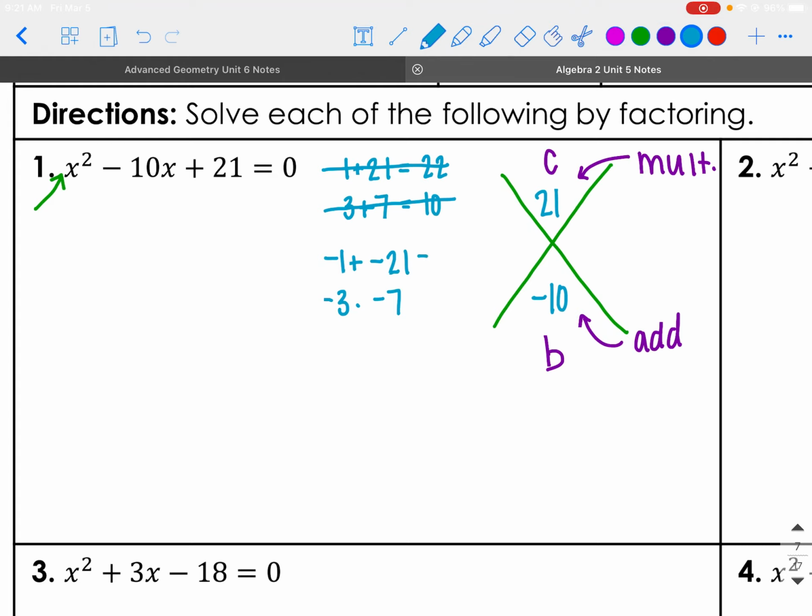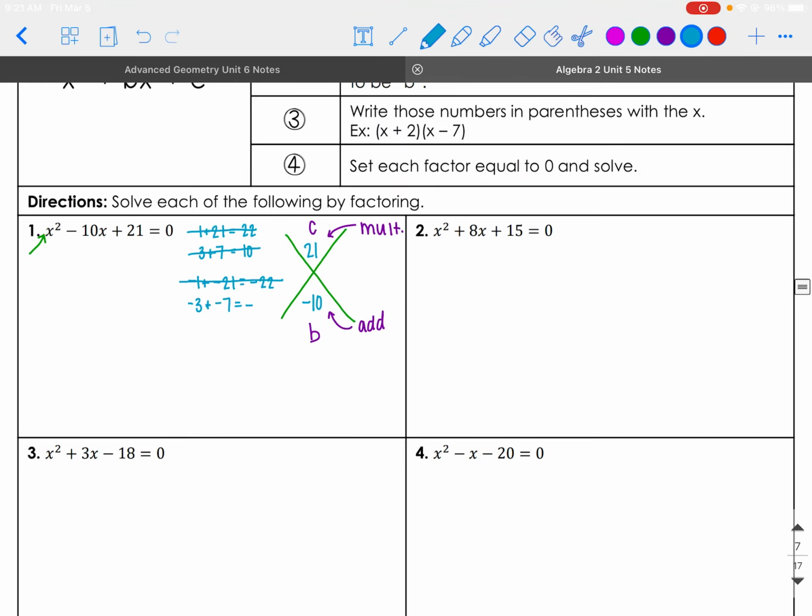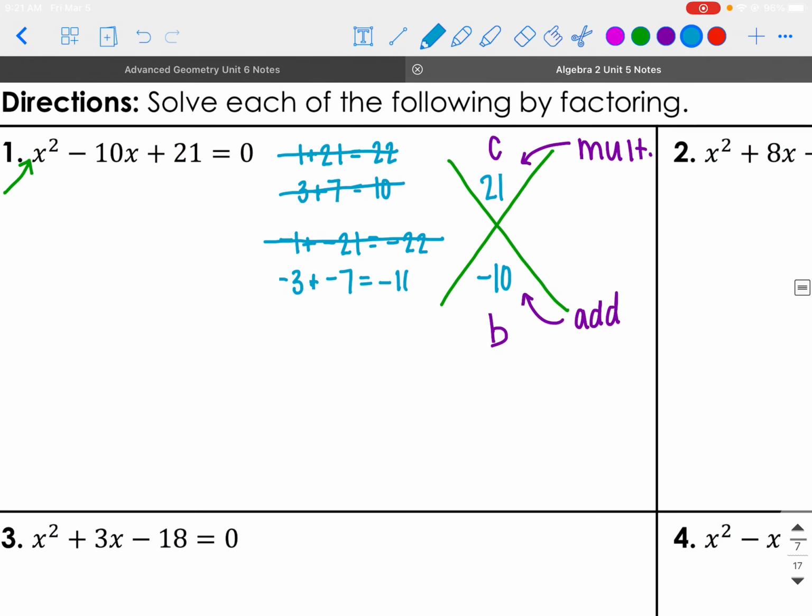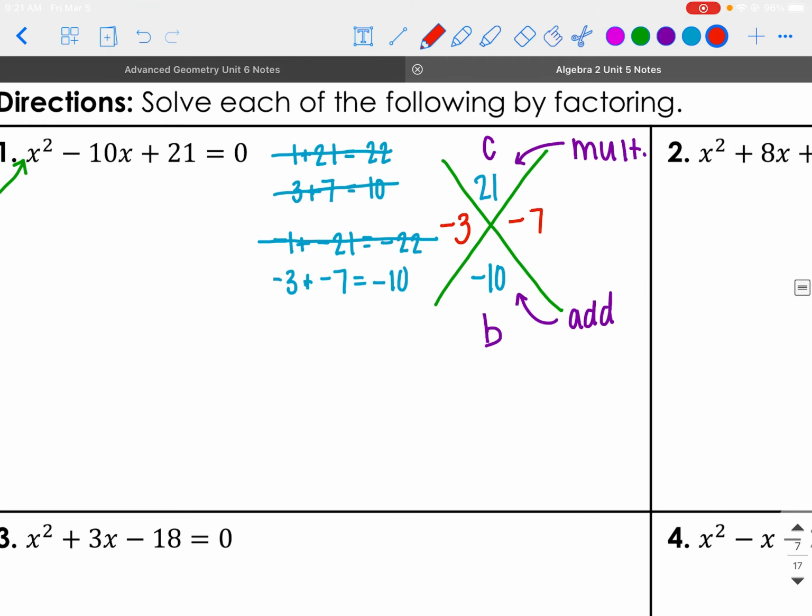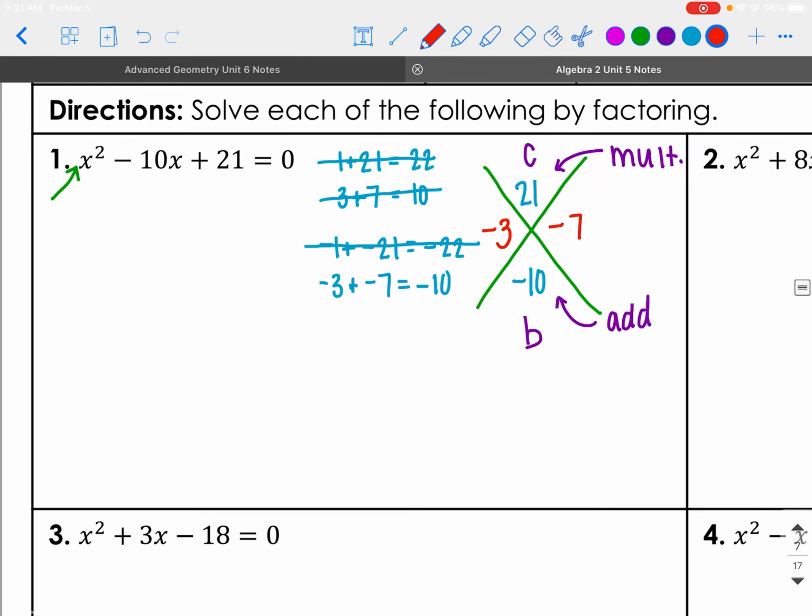If I add the next ones, that's -22. Nope. And then if I add those last ones, I get -10. So those are my magic numbers, -3 and -7.